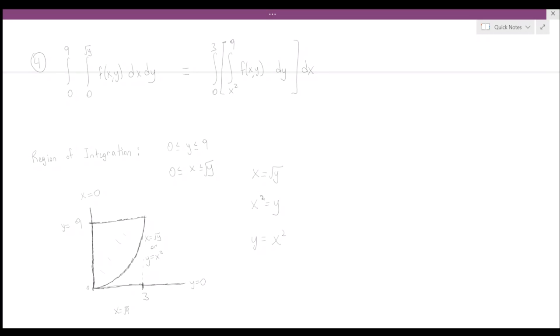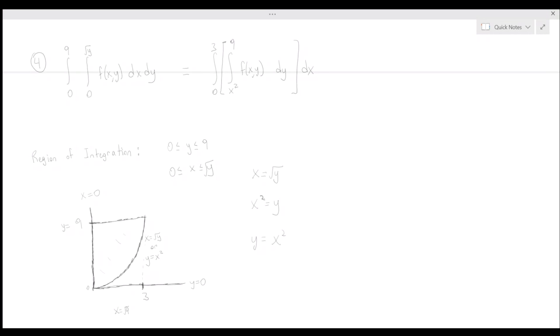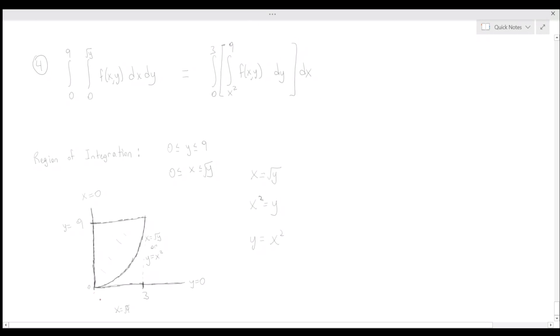Okay, so I'll talk a little bit more about how that works right now. Probably most of you are able to follow that, but if you're still a little bit iffy, I'll try to explain a little bit more exactly how this is working. So we had x ranging from 0 to 3 altogether.